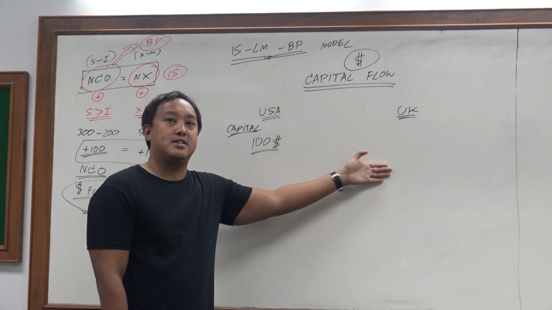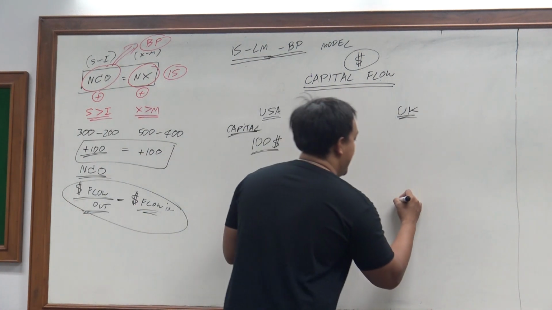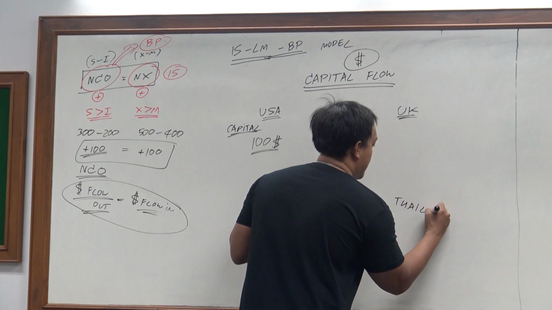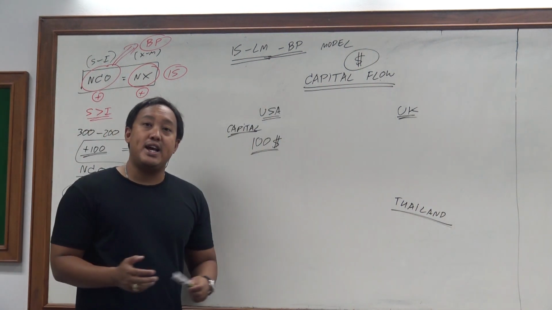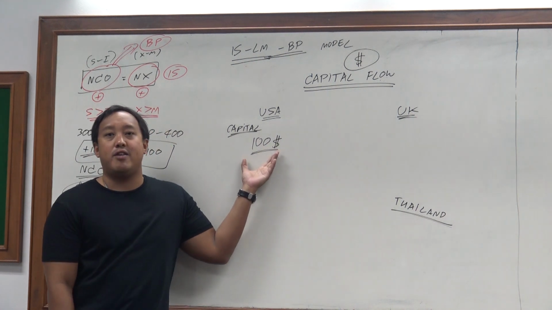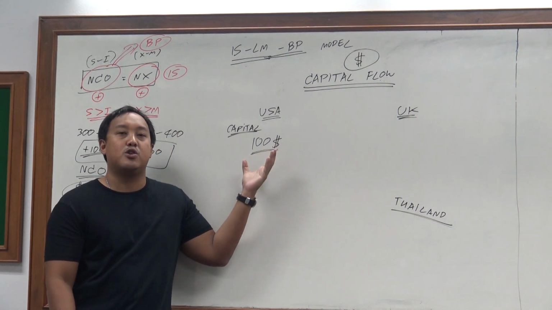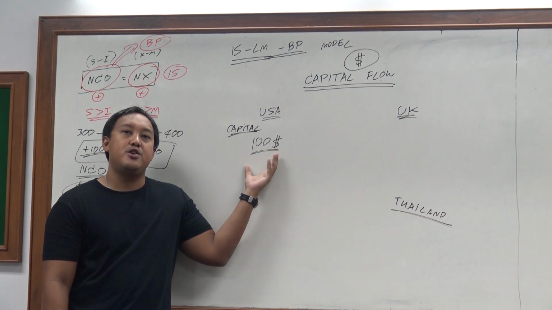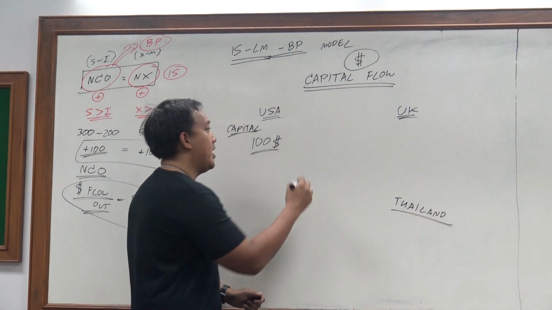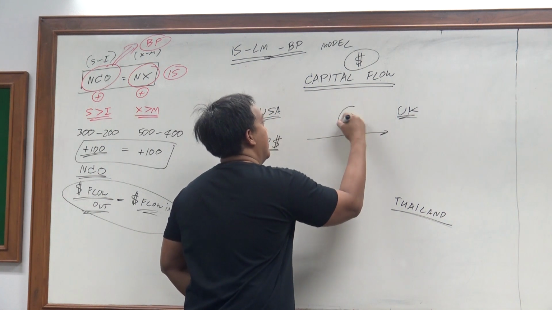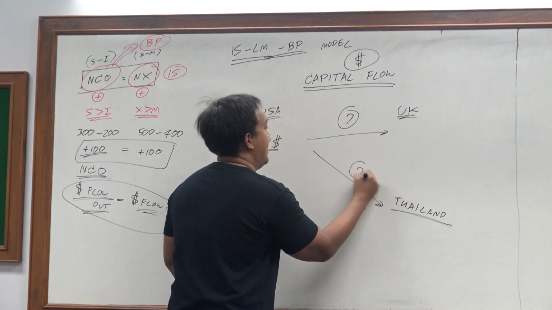We're going to have two choices. Or maybe I can give you one more choice, Thailand. So if we have the capital, the money from saving equal to $100 million in USA, we're going to keep it in our country, or throw it to UK, or throw it to Thailand.